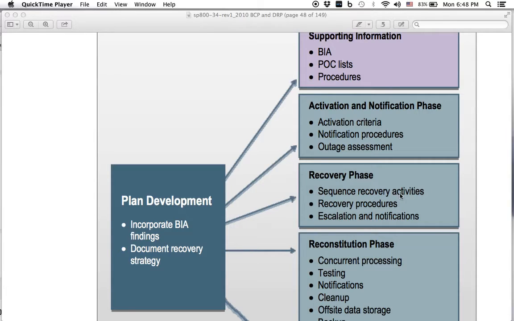We have two scenarios: one is a manual system recovery, and one is an automated system recovery process. So what activity does a scenario define in the contingency plan? We need to describe it properly and correctly to make sure the system can recover during that time.